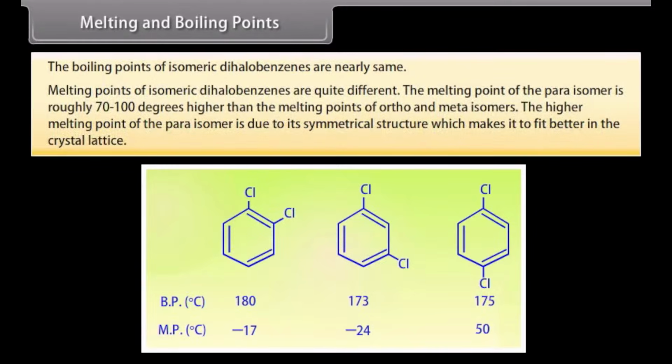The melting points of isomeric dihalobenzenes are quite different. The melting point of the para-isomer is roughly 70 to 100 degrees higher than that of the ortho and meta isomers. The higher melting point of the para-isomer is due to its symmetrical structure, which makes it fit better in the crystal lattice.